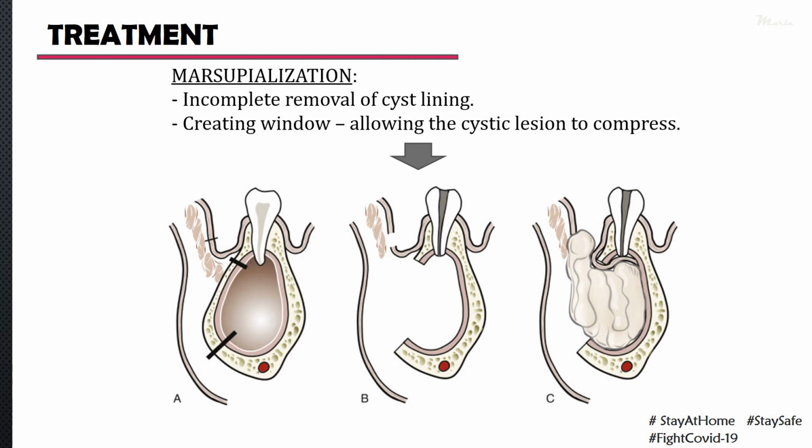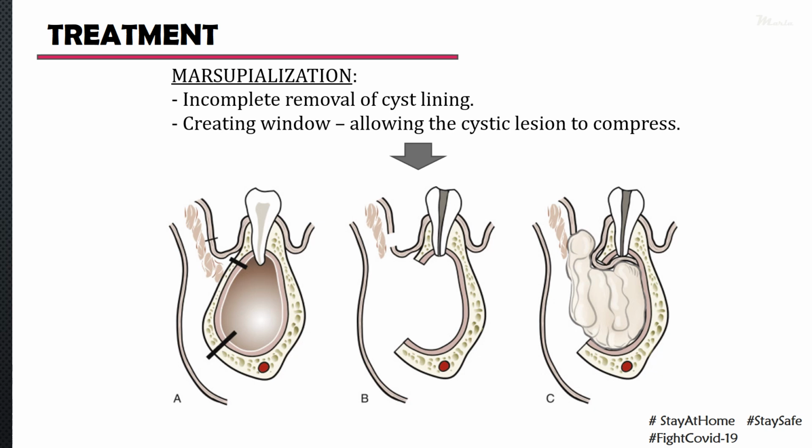So we follow a technique known as marsupialization. The term marsupialization is derived from the animal species, the marsupials, for example a kangaroo, which bears a pouch. So the technique of marsupialization basically results in formation of a pouch-like defect.